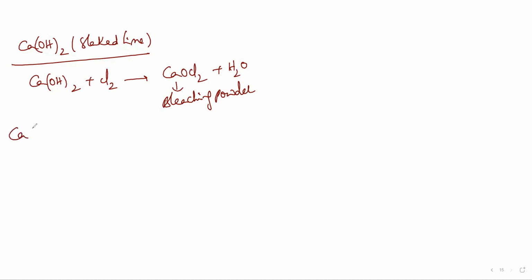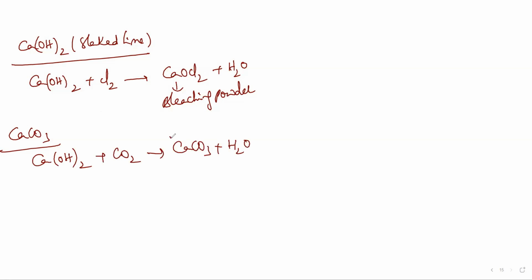Next, calcium carbonate is also called limestone, marble. How will you get calcium carbonate? When slaked lime is treated with CO2, then you will get calcium carbonate plus water. So this is our target molecule, CaCO3.